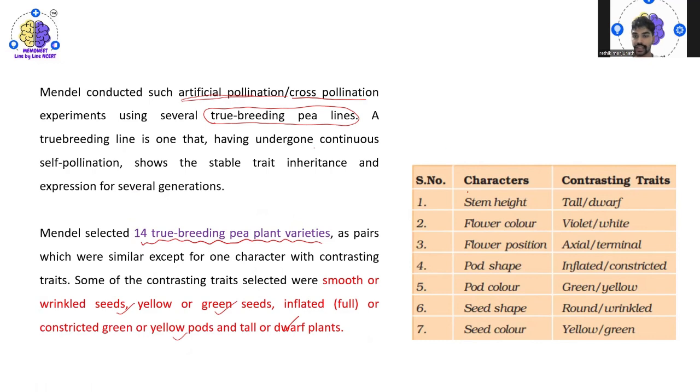In this table, you are seeing the characters he had chosen and their contrasting traits. This is very important because in NEET they can ask you MCQs, match the following, or a reasoning kind of question might also come from this part.